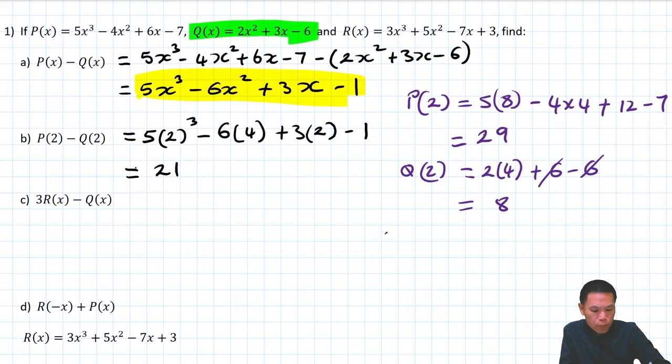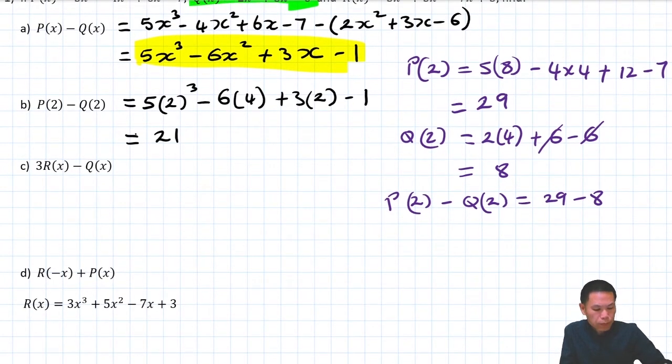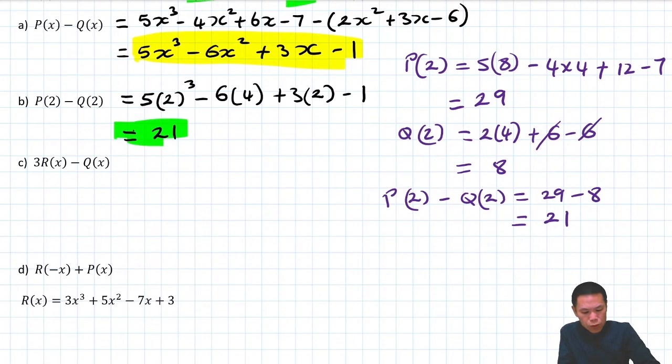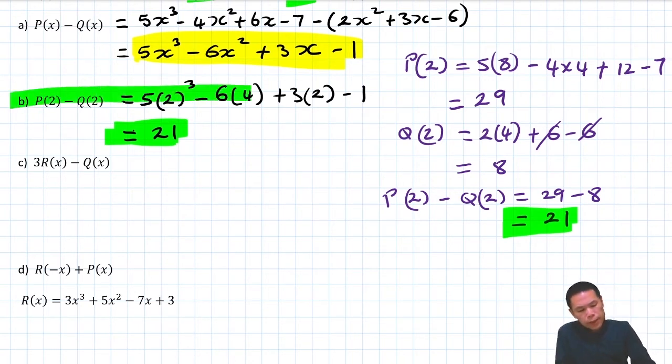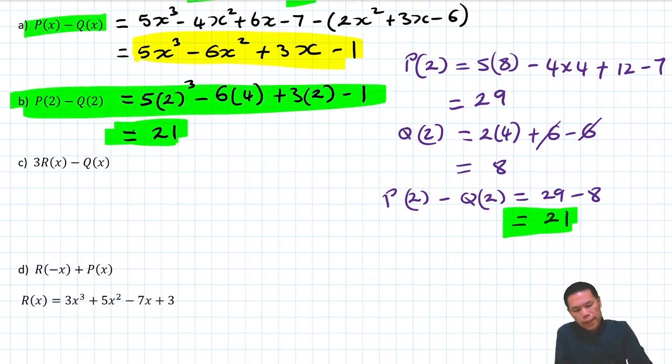So therefore, p of 2 minus q of 2 equals 29 minus 8. So that will give me 21. There you go. This is 21 here, and this is 21. So you can do either method, but of course, this one is quicker because we already worked this out. So please keep that in mind for me.